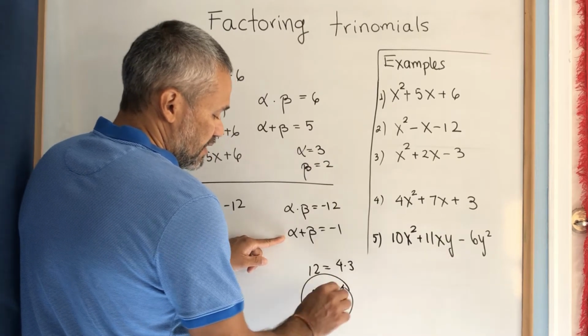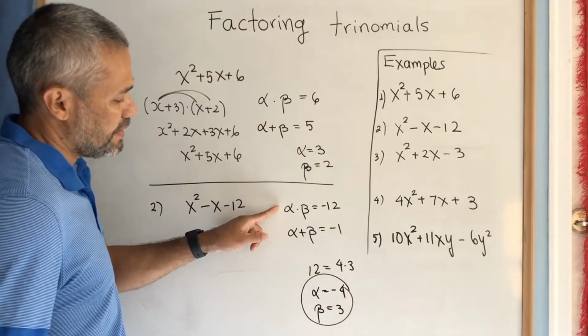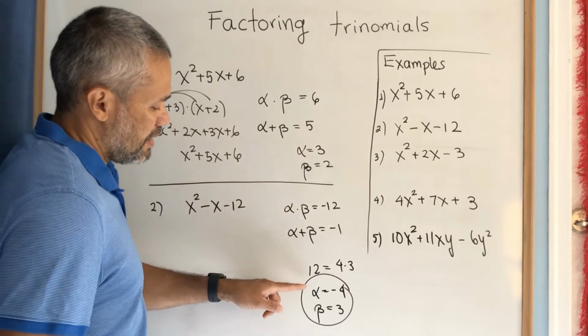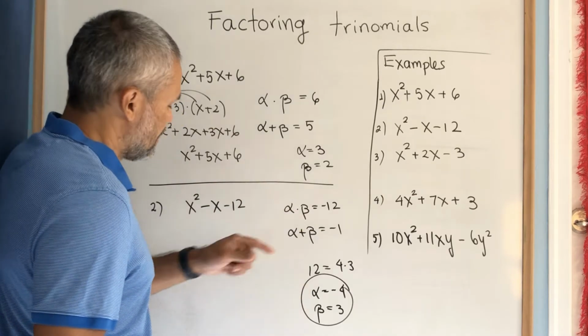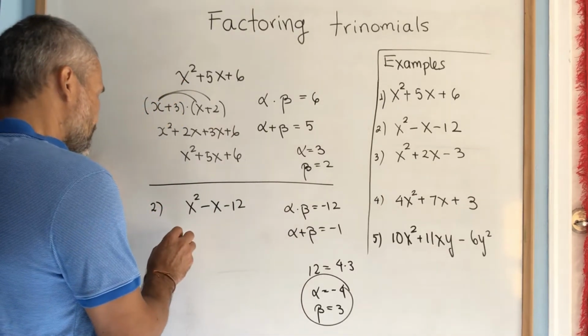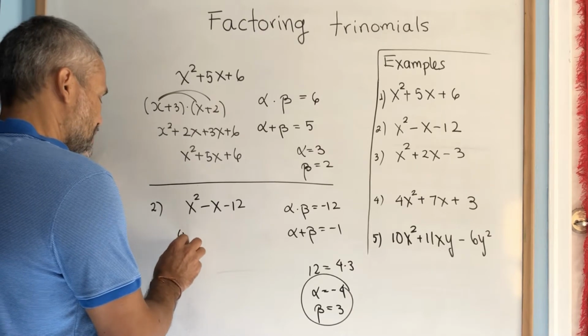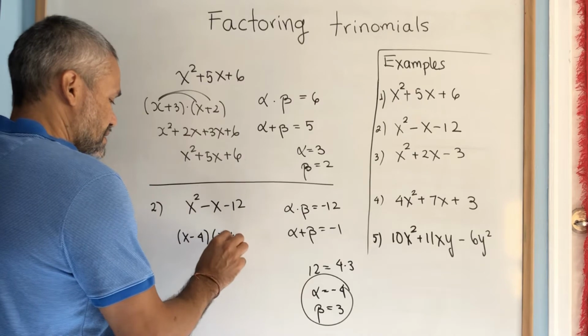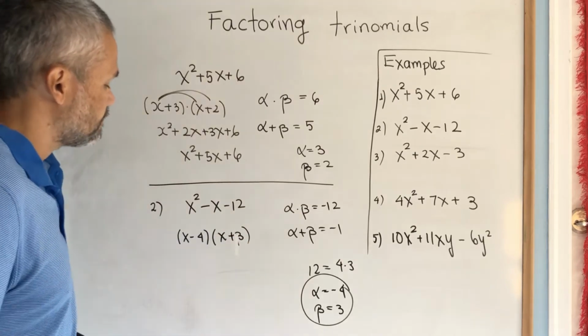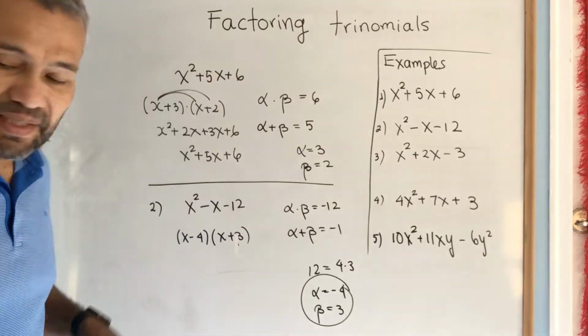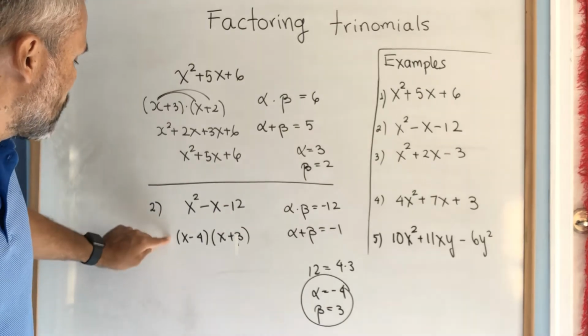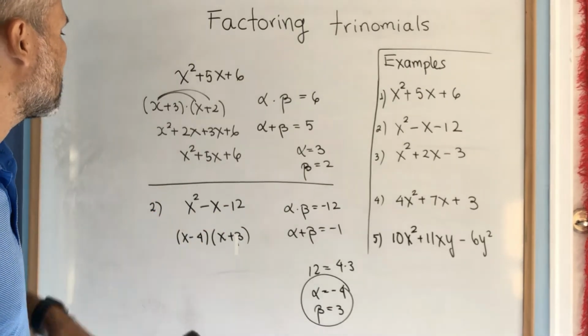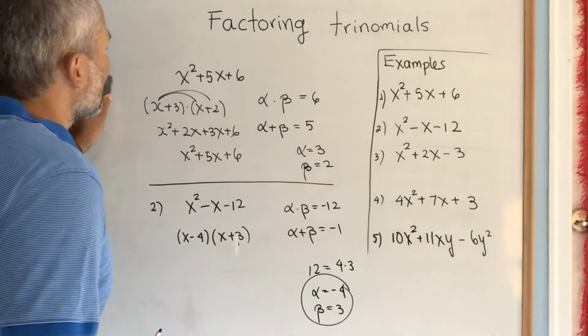We can check that alpha times beta is negative 12, and negative 4 plus 3 is negative 1. Then this can be factored as x minus 4 times x plus 3. Again, we can check that this is true. If we expand, we get this, but we don't have to do it.